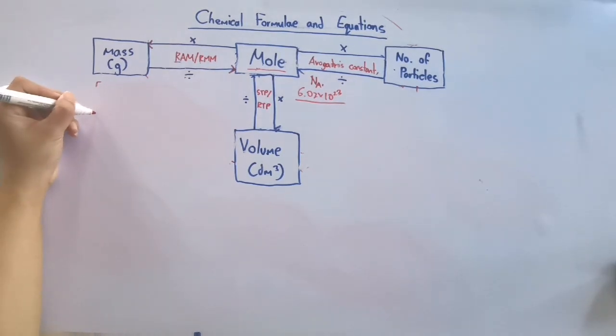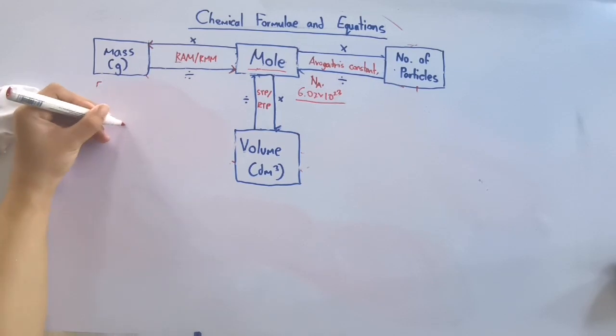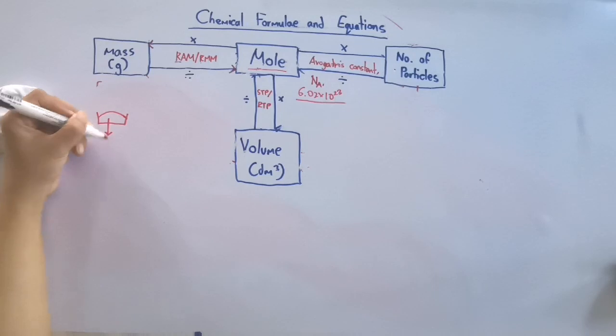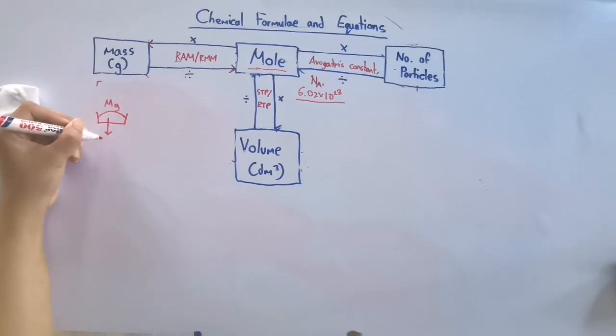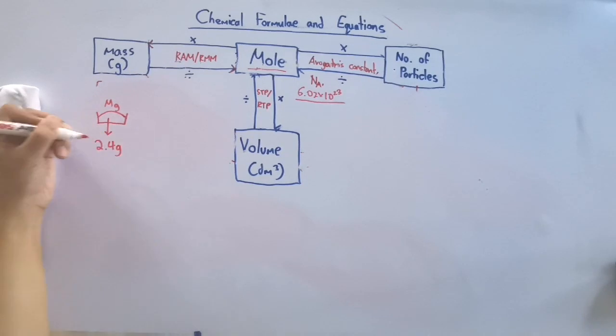Now, let's say I give you this. Let's say I have a sample of a metal. All right. Let's say this is a sample of magnesium metal. All right. Let's say I took the weight of this sample and I found out that this is actually 2.4 grams of magnesium metal. All right.